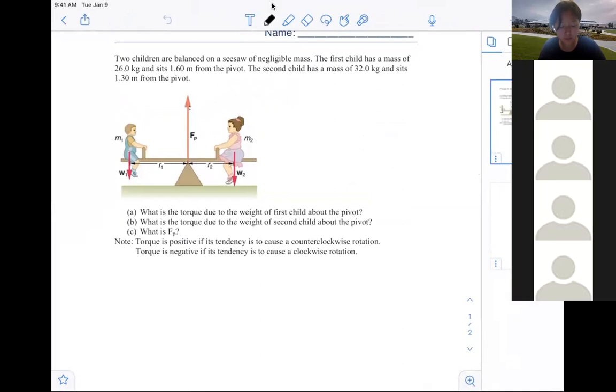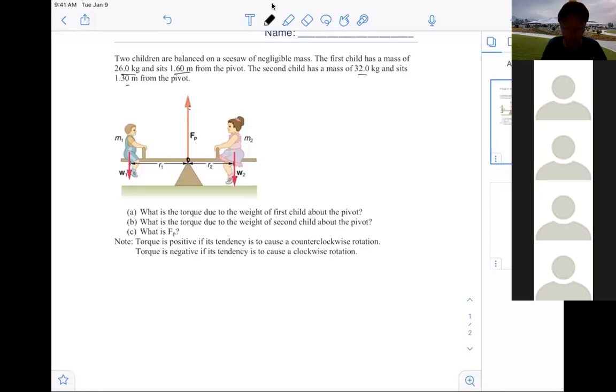Here we have a seesaw, and you have two children sitting at different radii from the center, from the balancing point, the pivot point. The first child has this much mass and sits this much distance away. The second child has this much mass and a different distance away.